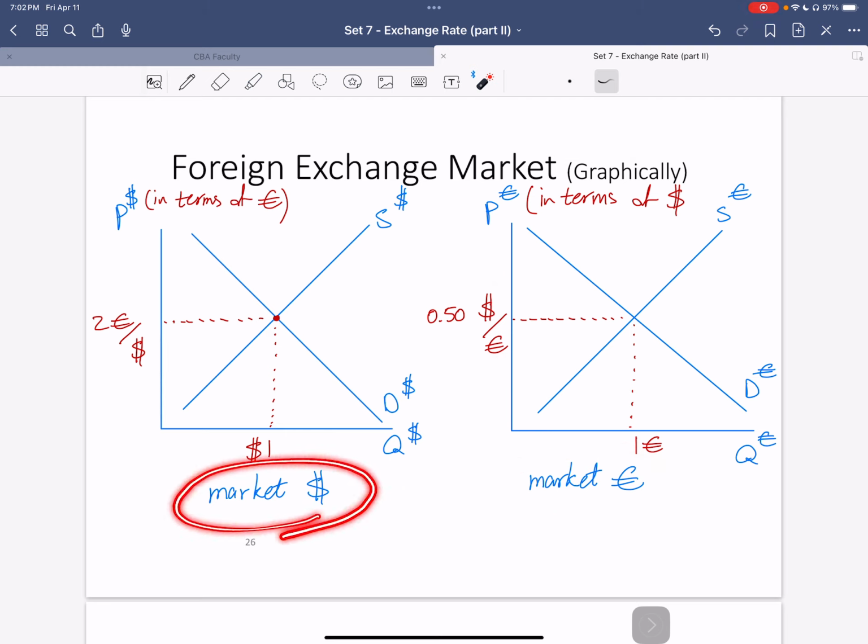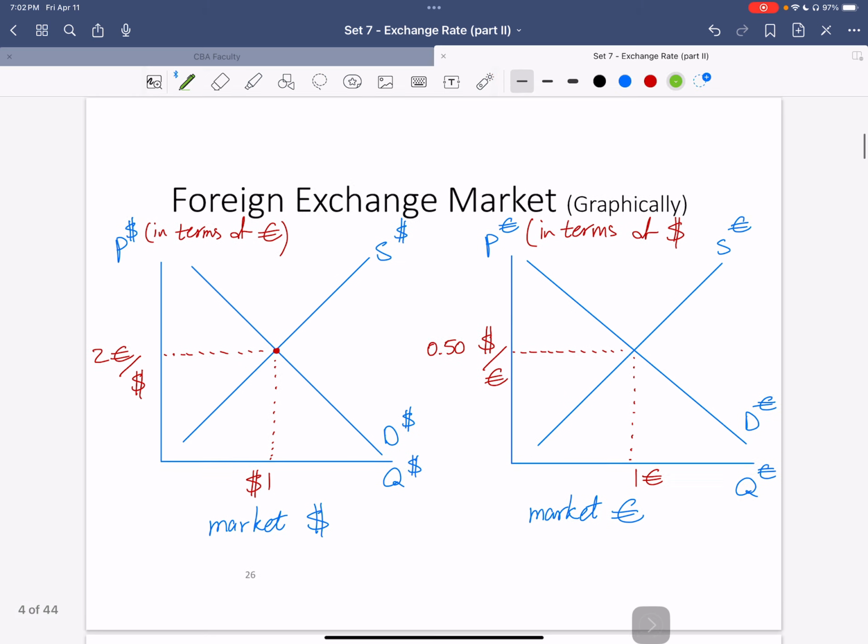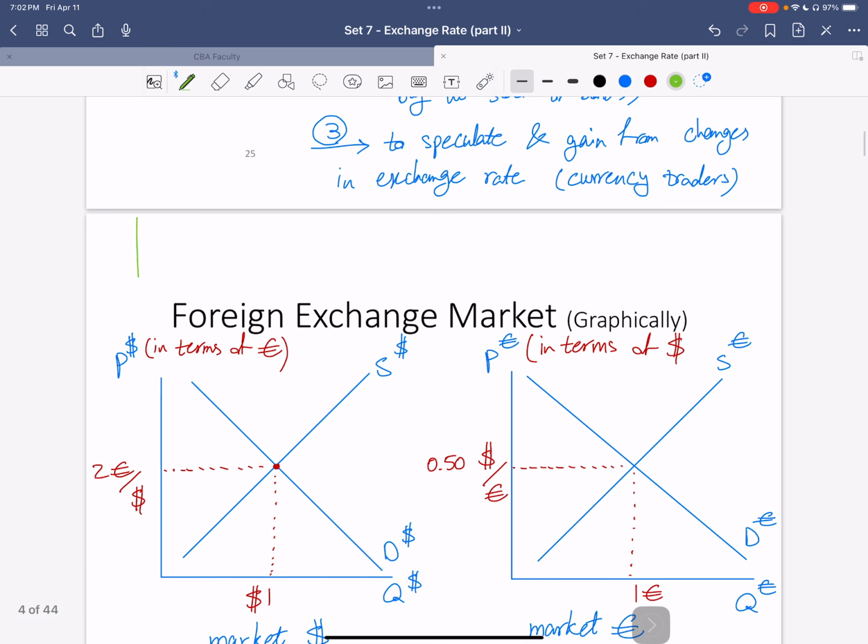If you are in the dollar market, it should be euro per dollar. Just like if you think of the market for goods, so if this is the goods and services market, you have the quantity of the goods, you have the price of the good, you have supply and demand for the goods.